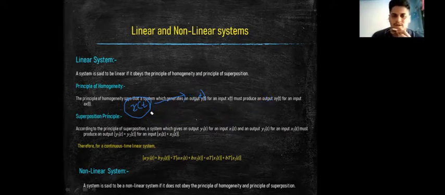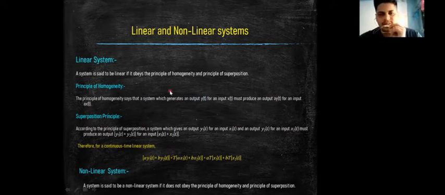Now let's take a look at the superposition principle, because as the definition of a linear system suggests, it must obey the principle of homogeneity and the principle of superposition.